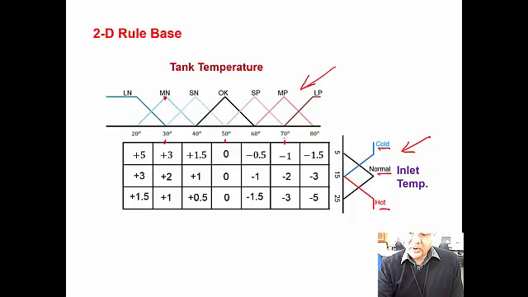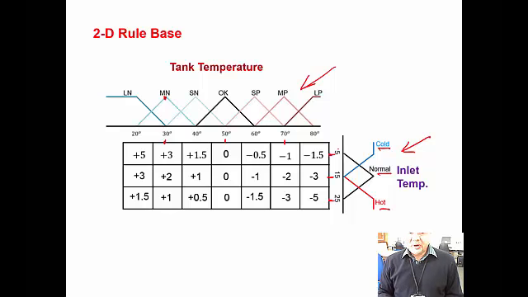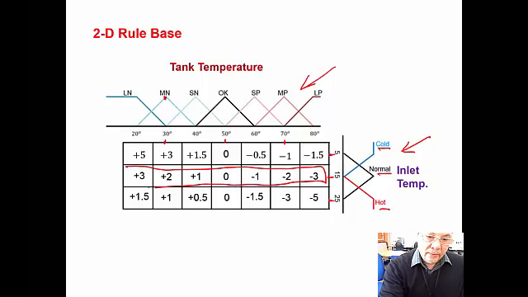Similarly with the hot, the center of the hot will be 25. The center of the normal is 15. That's what normally the temperature is coming into the tank at. And the cold is 5. The difficulty here is, if you remember the previous case when we only had this row, we didn't have this part at all.